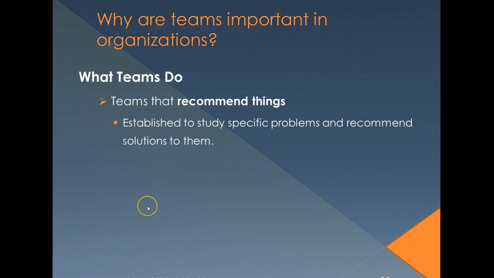Okay, so there are different types of teams. You can have a team that basically their basic job is to recommend. So maybe, for example, you want to go see one of the summer movies, but you don't know which one. So you put a team together of your friends. Say there's 6 movies you're thinking of seeing.